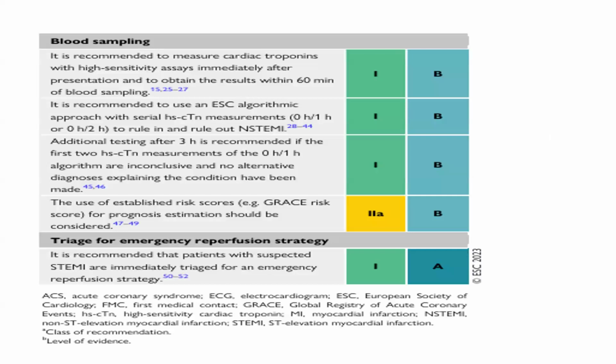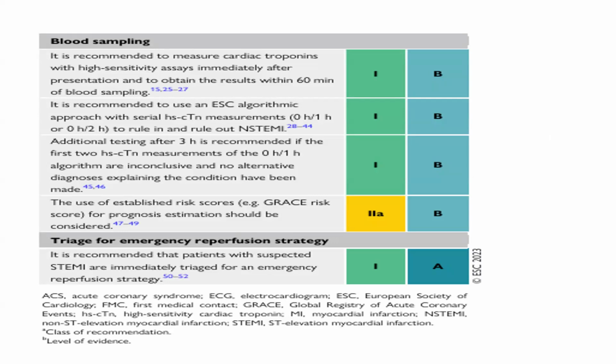It is recommended to measure cardiac troponin with a high sensitivity assay immediately after presentation and to obtain the result within 60 minutes of the blood sample. It is recommended to use the ESC algorithm approach with serial HS cardiac troponin measurement to rule in and rule out NSTEMI.